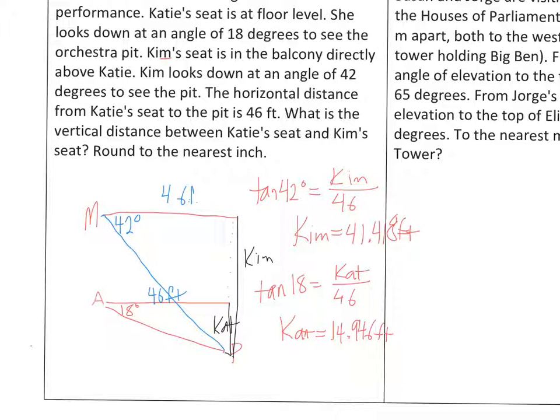If we want to find the vertical distance between these two, we've got to subtract them. So 41.418 minus 14.946, and we get 26.472 feet.